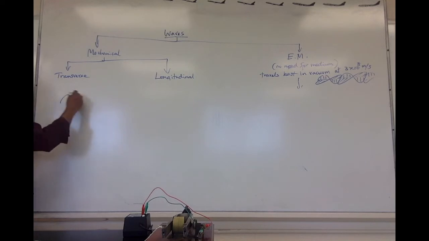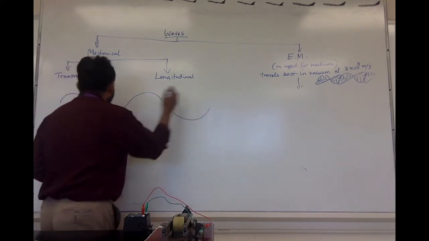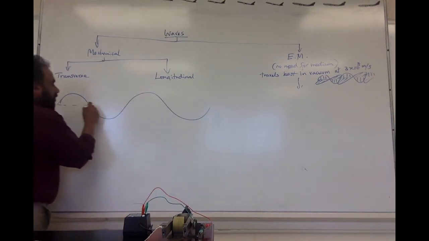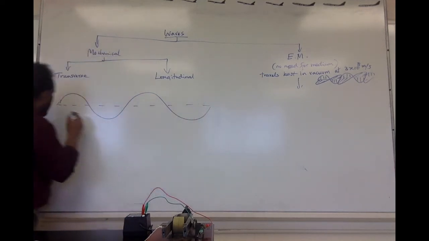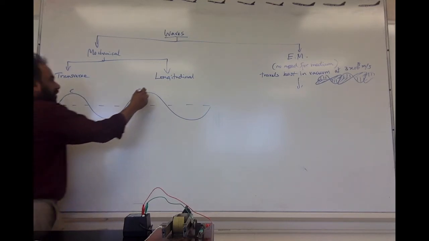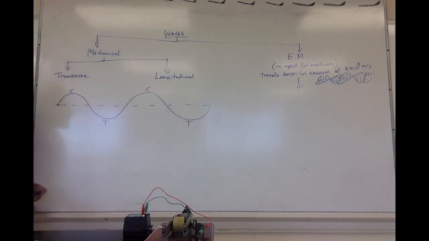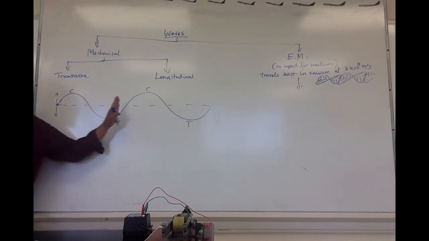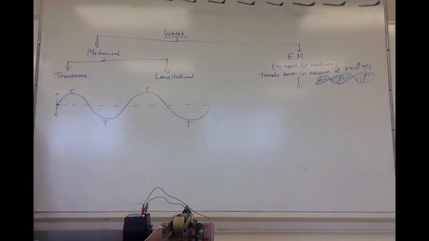So this is typically a wave. That's a crest, that's a trough, crest and trough. When I move this up and down in simple harmonic motion, the energy is going to be traveling to the right. Energy is going to move to the right.